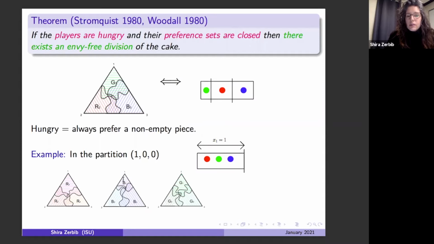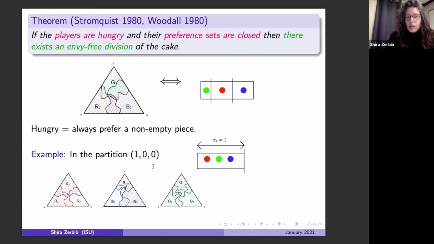And therefore, since each one of the players is hungry, they will all prefer piece number 1 in this partition. So E1 will be in R1, and in B1, and in G1, as is needed in the conditions of the KKM covers. And this will be true for any point in the boundary of the simplex. So the hungry player condition is exactly the covering condition of the KKM theorem.